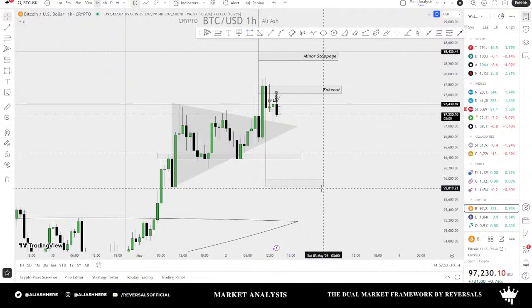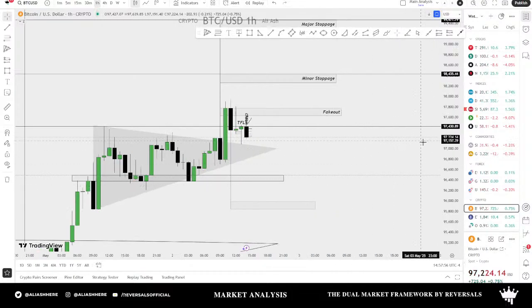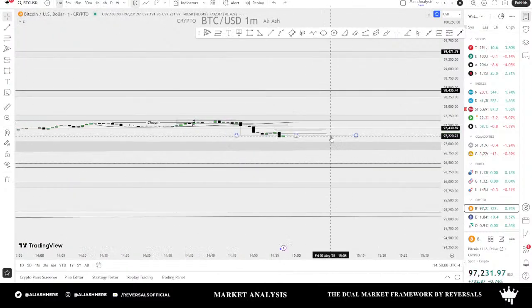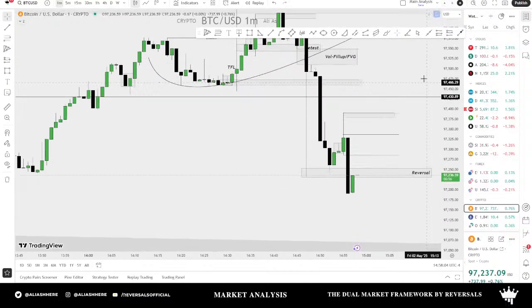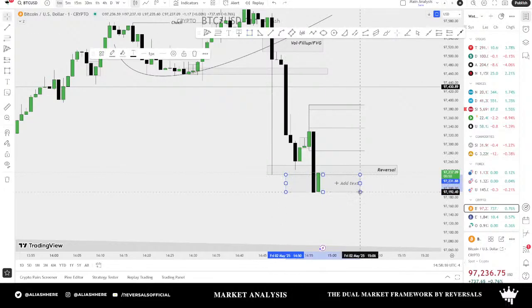Let's see how this turns out. But on a longer time frame, we have a bullish move, and so again at the reversal, it's retesting now. We can say that it was a volume burst.